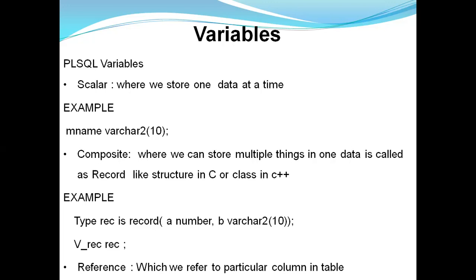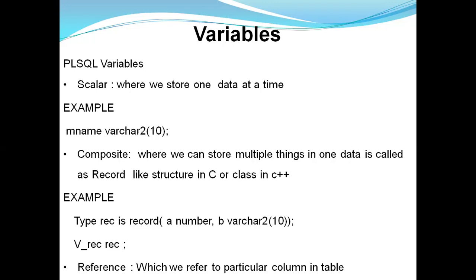The second is called a composite variable. A composite variable in PLSQL is called a record, where we can store more than one data in that variable. It's the same as a structure in C and a class in C++.